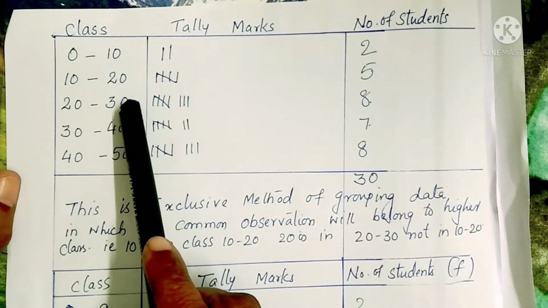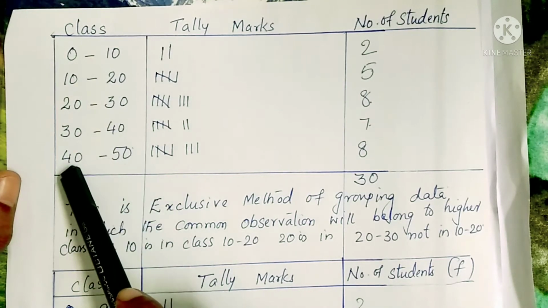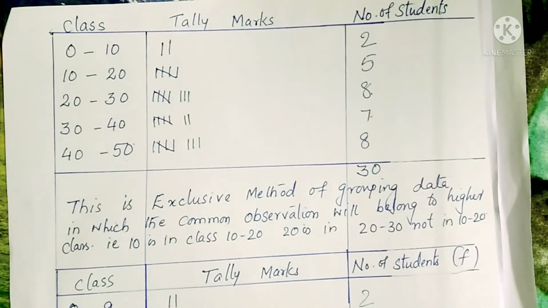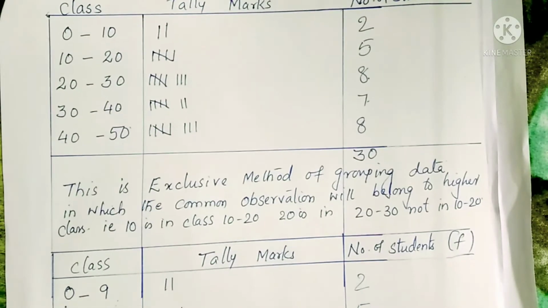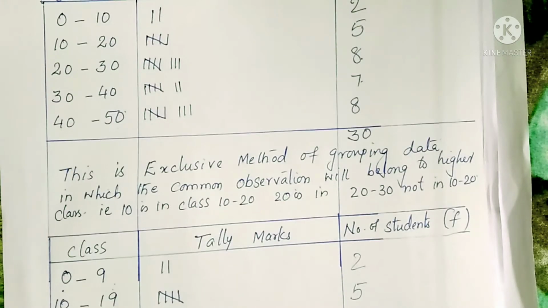Similarly, 30 will be included in this group, 40 will be included in this group, and so on. This is called the exclusive method of grouping. Exclusive method means the upper limit or the common observation will belong to the higher class.